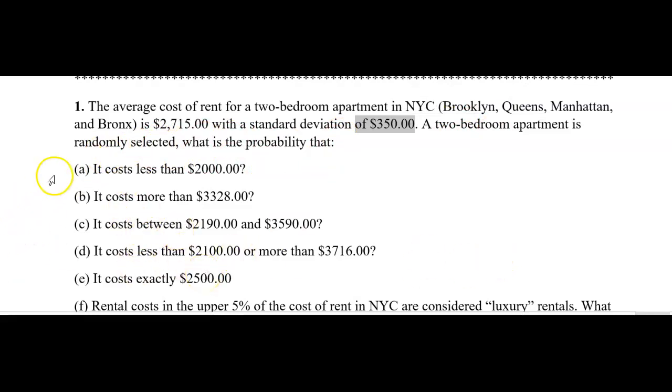What is the probability that it costs less than $2000? This first question has to do with the left side of some z-score. It's asking for the area to the left.